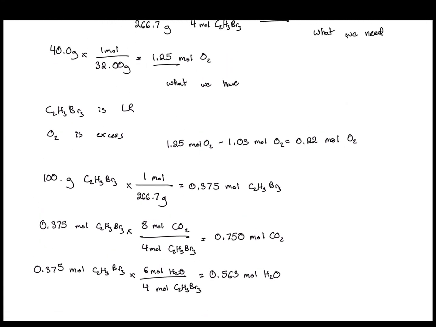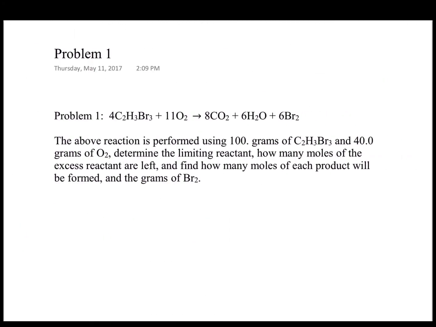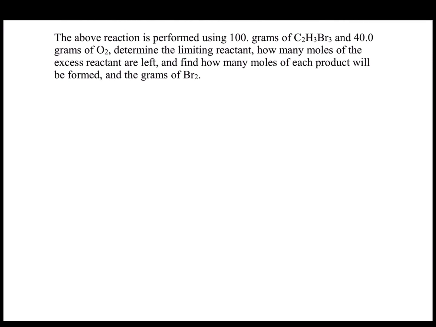And lastly, again starting at our moles of limiting reactant, 0.375 moles of C2H3Br3, we have 6 moles of Br2 per 4 moles of C2H3Br3, which will again give us 0.563 moles of Br2. So now we have the moles of each product formed.